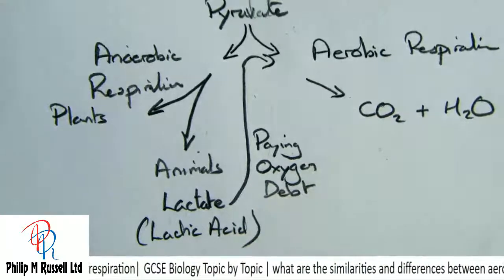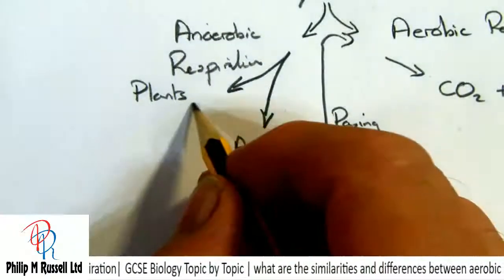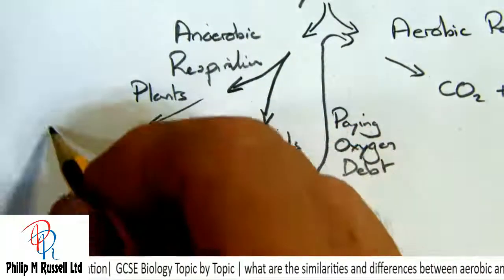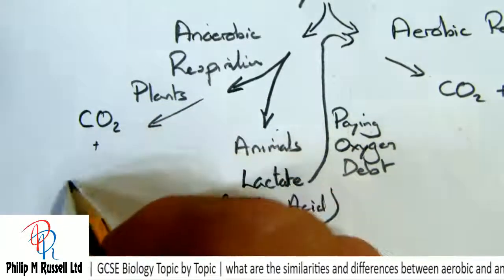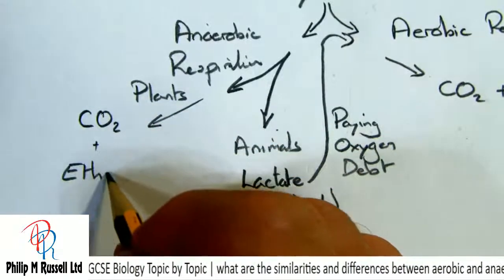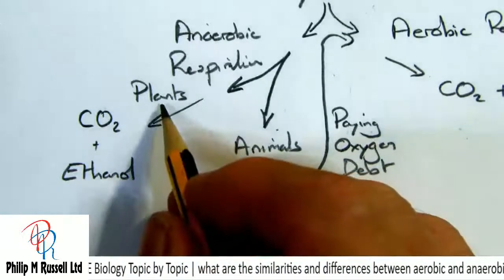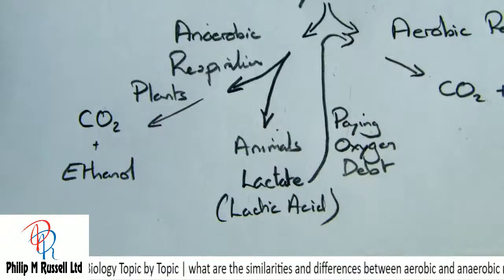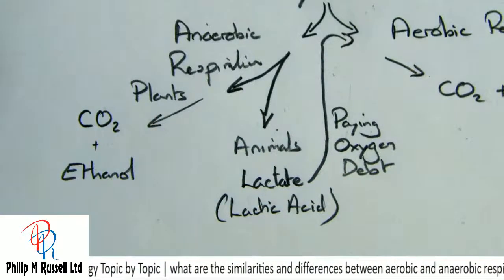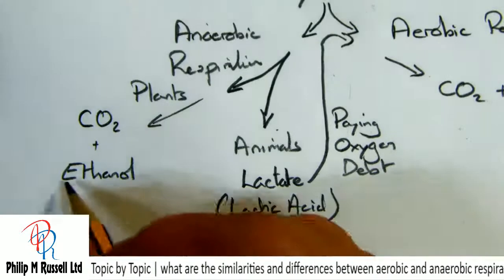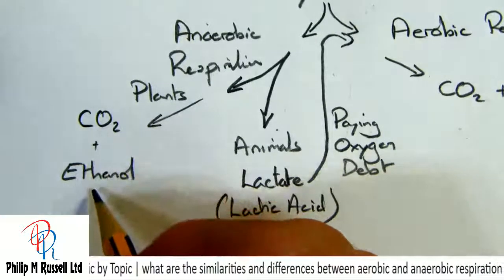And the other one that we've got are plants, and what they do is they break this down into carbon dioxide and ethanol, and it's also done by the yeasts, and this is really incredibly useful to us because this way we can make bread and alcohol.